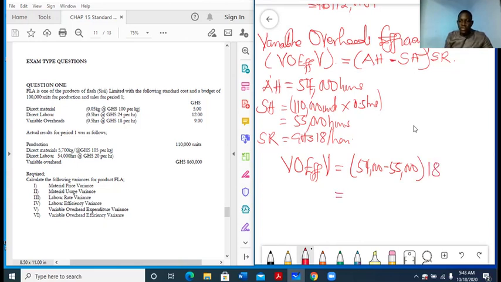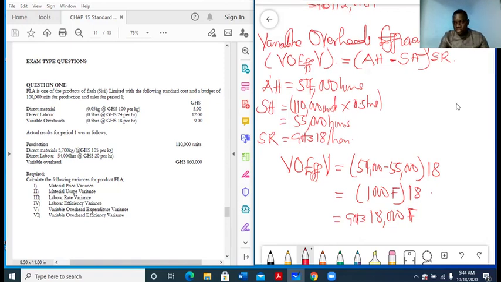So this gives us a favorable variance of 1,000 measured at 18. So 1,000 times 18 gives us 18,000 Ghana cedis favorable. So this is how we go about the computation.